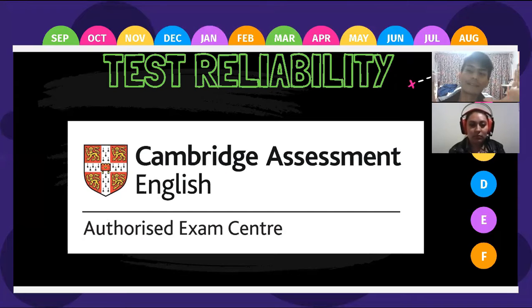For instance, for speaking, they have their specific rubrics. They have specific and standardized rubrics for writing, and also for the multiple choice selection questions. So there is no moral debate there. If the student makes a mistake, for instance, in question number 50, there won't be any regret in that part. So this is test reliability. This is the part of reliability.